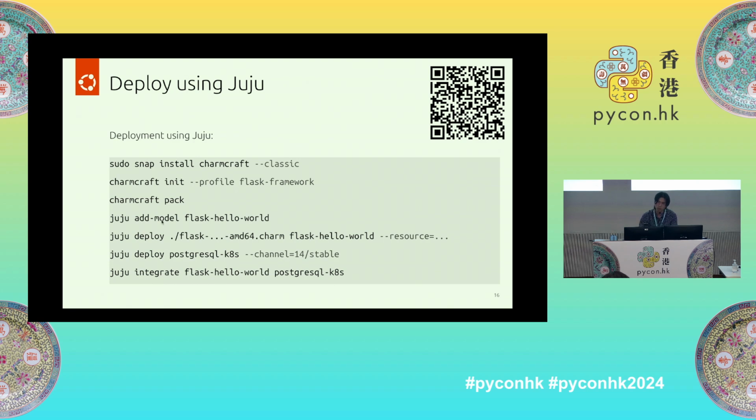Adding the model is a separation of logical space, so it will create a namespace in your Kubernetes cluster. When you do the Charmcraft pack, it will generate the .charm artifact, which is essentially just code in a zip archive. Then we can deploy that with the resource pointing towards the container that we've built and uploaded to our registry.